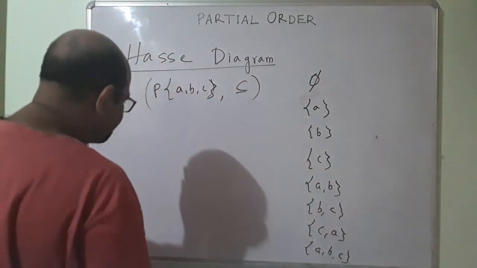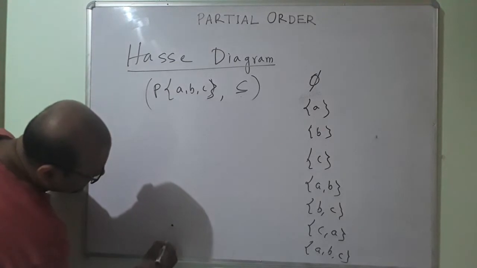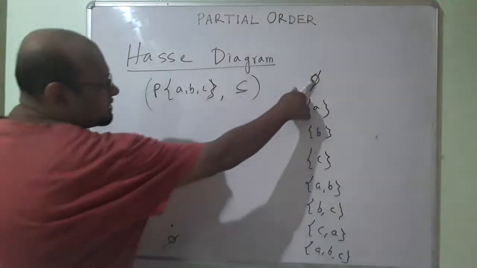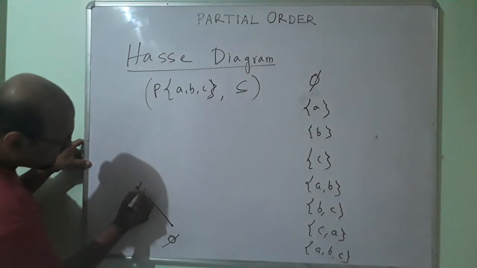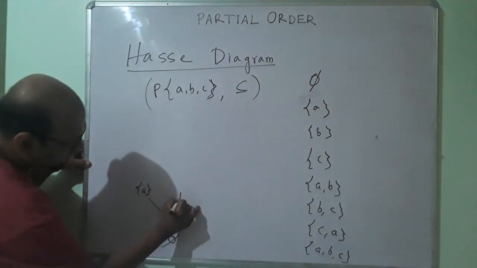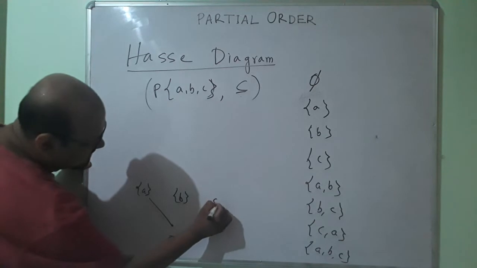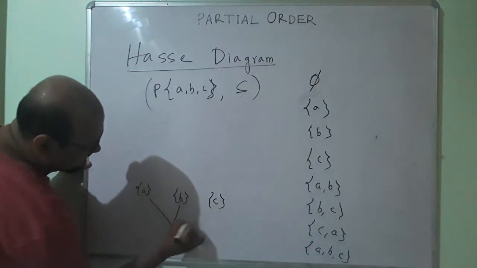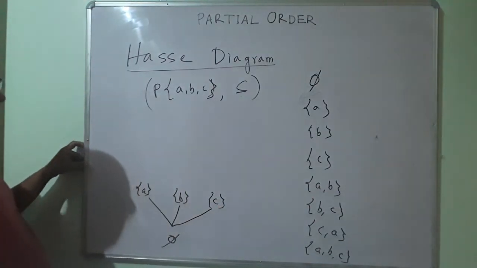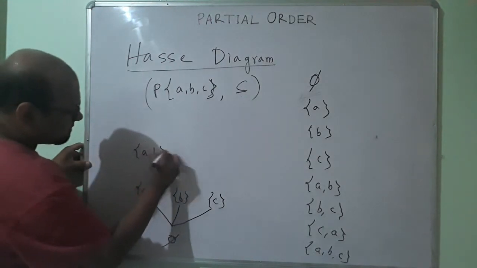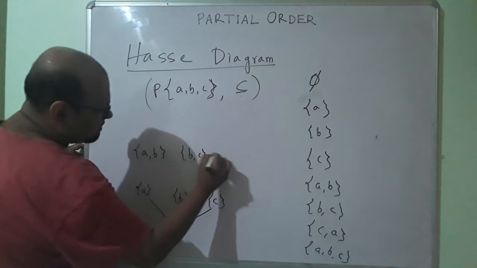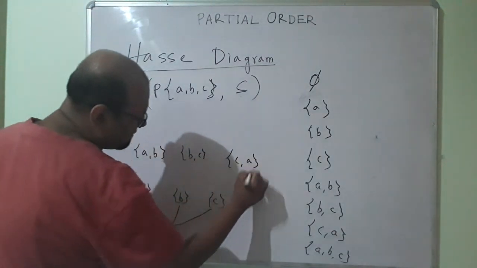So at the very bottom I will have this element, phi, which is a subset of A, B, and C. Then I have AB, BC, CA.